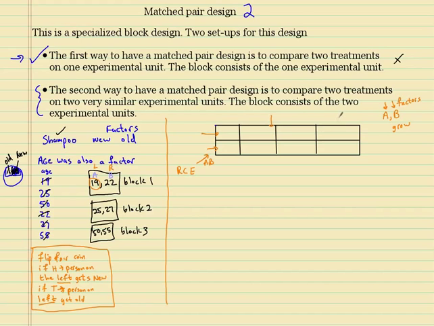This is our experimental unit. You want to say, this is one experimental unit, and we want to have 2 treatments within this experimental unit.